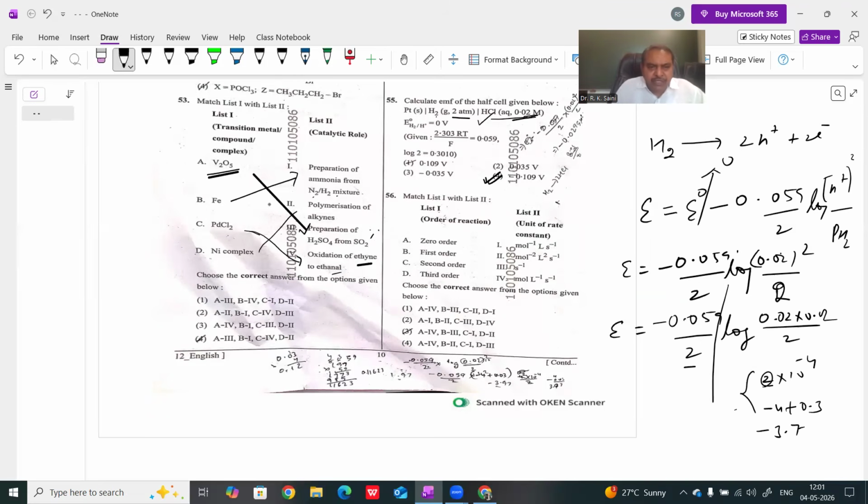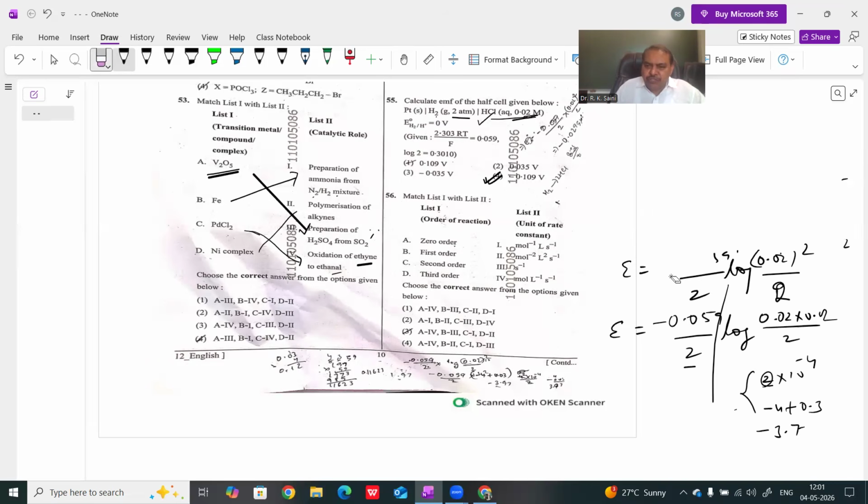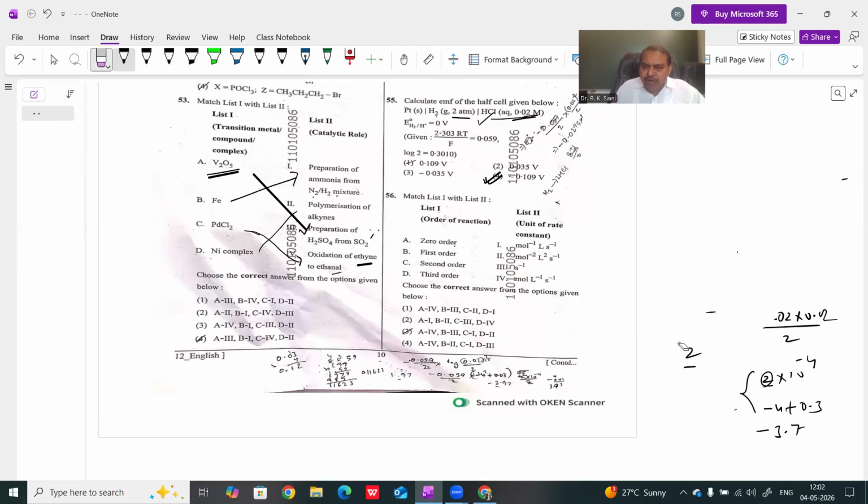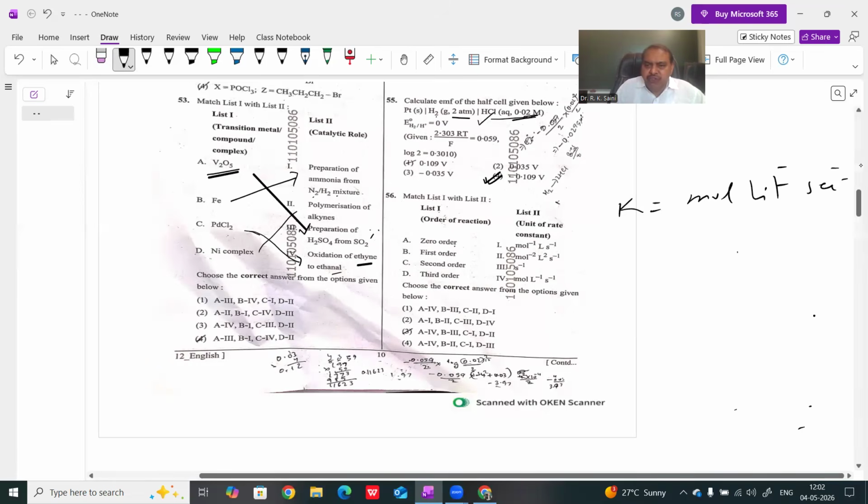Question next, question 54, 56. Zero order reaction, we write the unit of rate constant. As you know, for a zero order reaction, the rate is always constant, and hence the unit of the constant is the same as the unit of rate. Therefore, the rate of reaction is written in M per second, and hence K equals mole per liter per second in case of zero order.